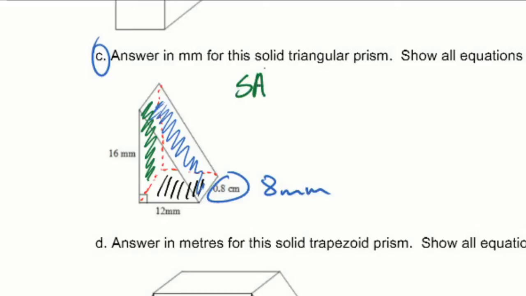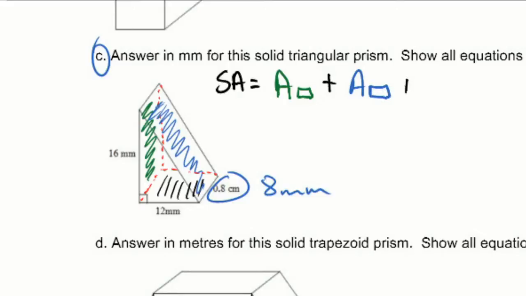I'm gonna take surface area, maybe I'll do this in black. Surface area is going to equal the area of the green rectangle, to that I'm going to add the area of the blue rectangle, and then I'm going to add the area of the black rectangle.